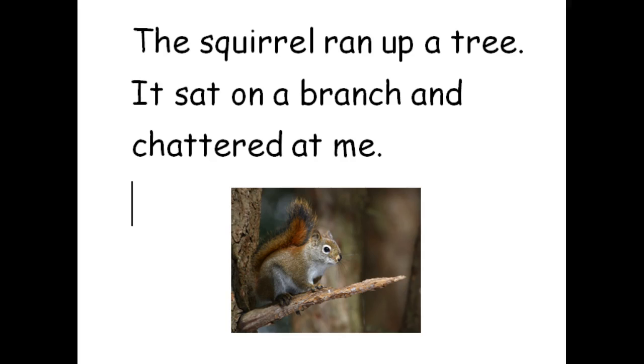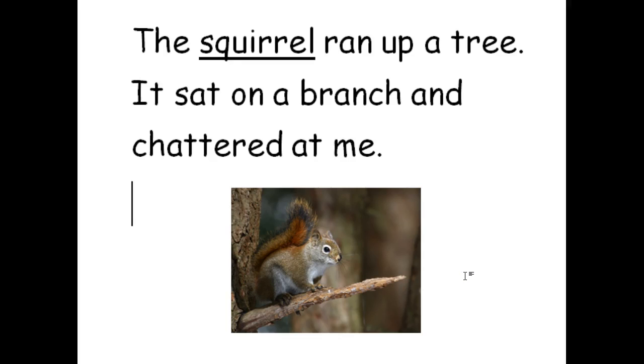Let's look at this sentence on the screen. The squirrel ran up a tree. It sat on a branch and chattered at me. We're going to look at the word squirrel. I know what a squirrel looks like.